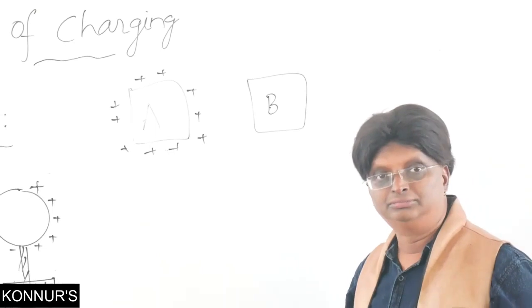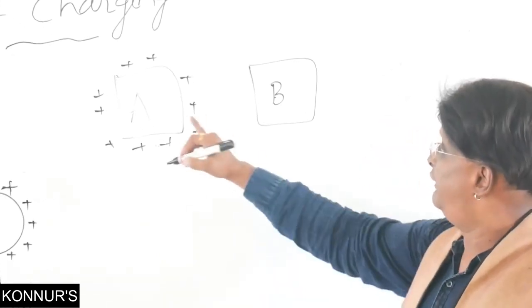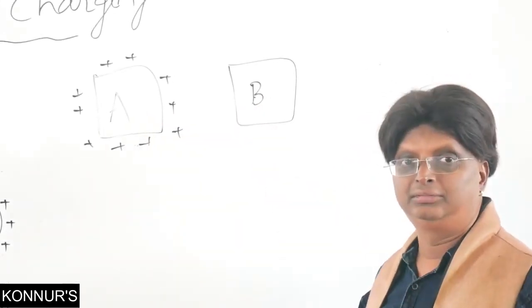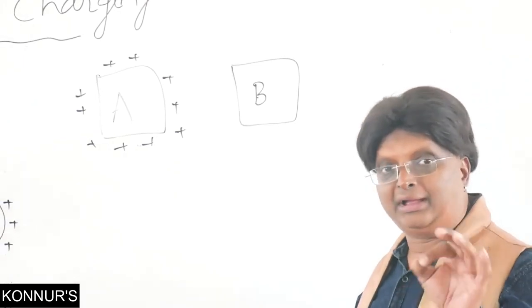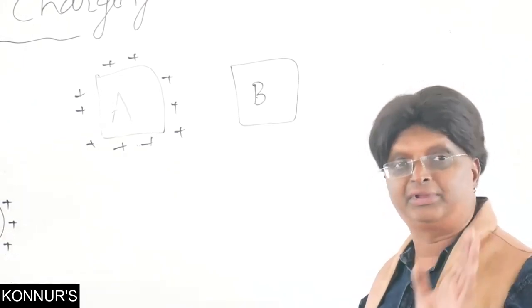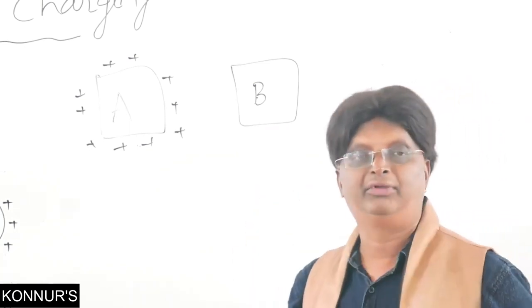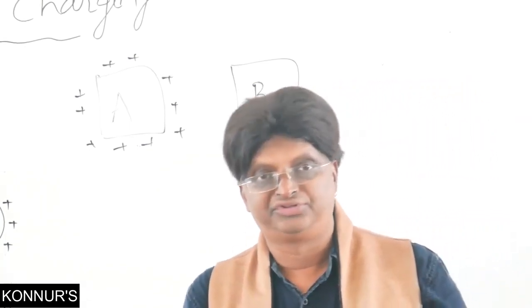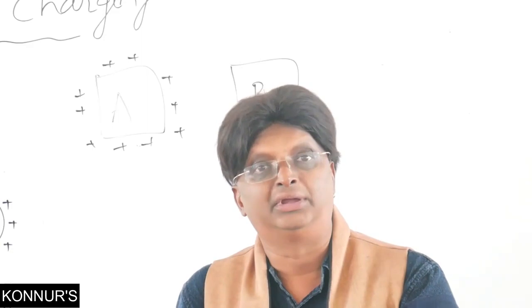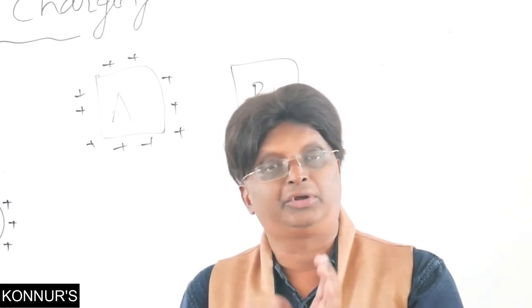When A is brought near B, if it attracts, what is the inference about B? What are the different possibilities?